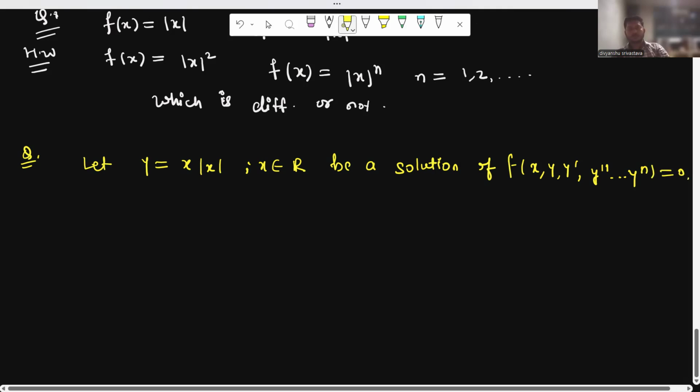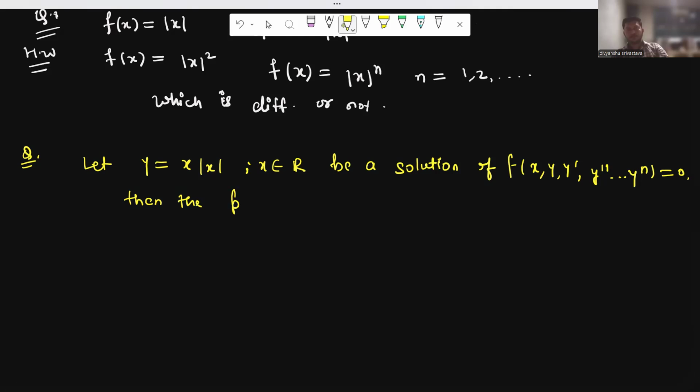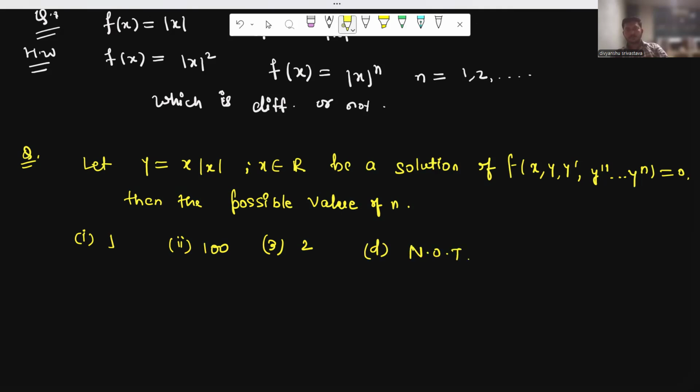Okay, then the possible value of n. Okay, and here is some options. Maybe option first is 1, second is 100, third is 2, and D option is none. So first thing is in this question, how you solve this problem.